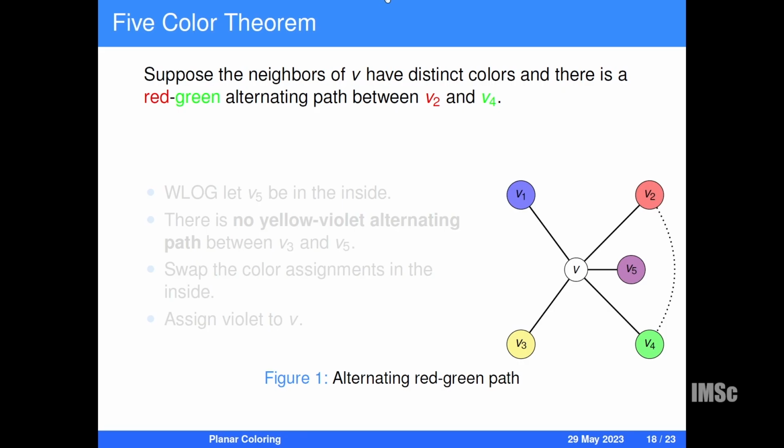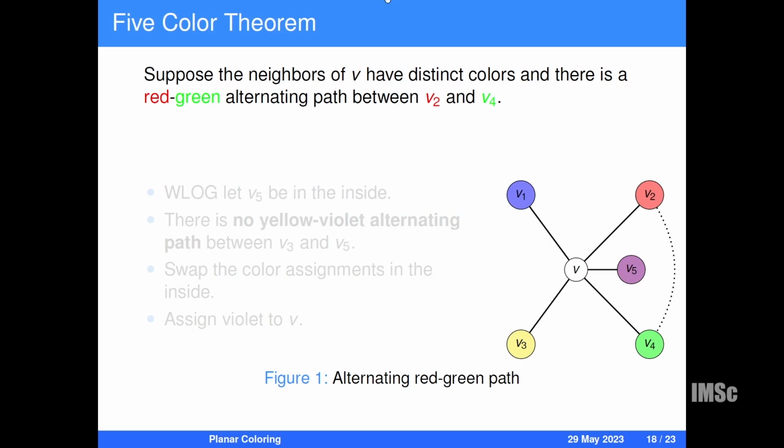What do I mean by that? I start with V2, and check if there is a red, green path from V2 to V4, starting at V2, ending at V4. If there exists such a thing, or there is no such thing, these are the 2 cases that are remaining to us.